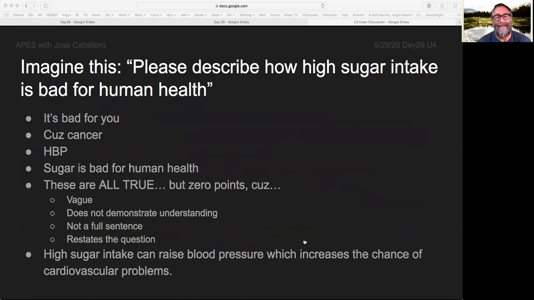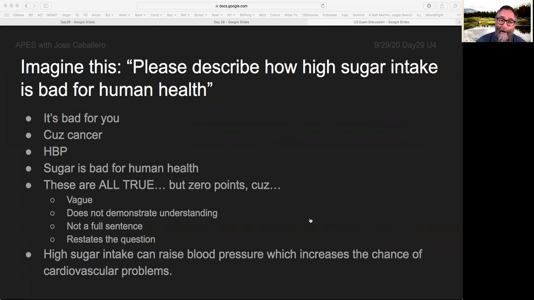I want you to imagine something. You ask a question about human health: explain how high sugar intake is bad for human health. And your answers written on an exam are, it's bad for you, or because cancer, or HBP, or just restating the question, sugar's bad for human health.